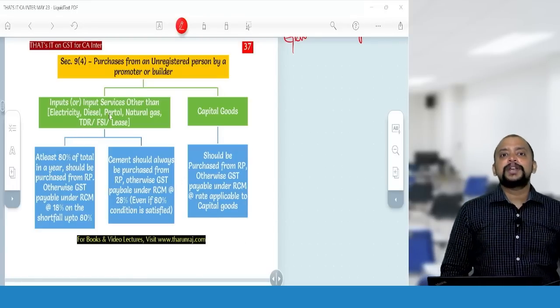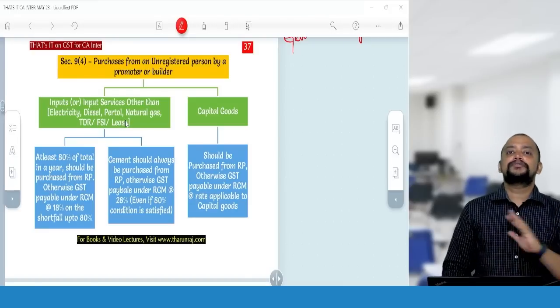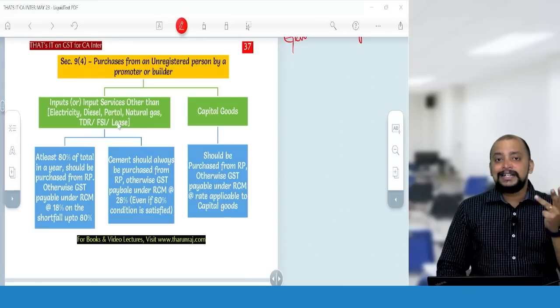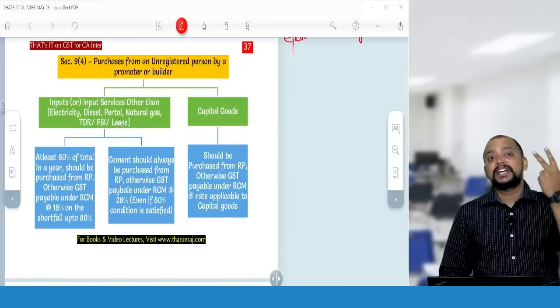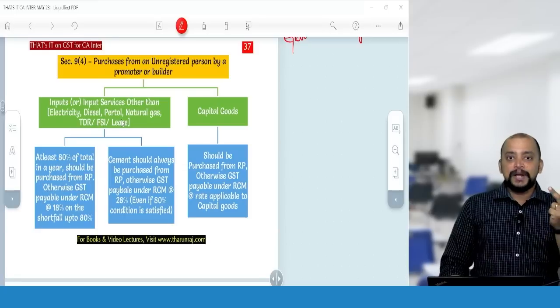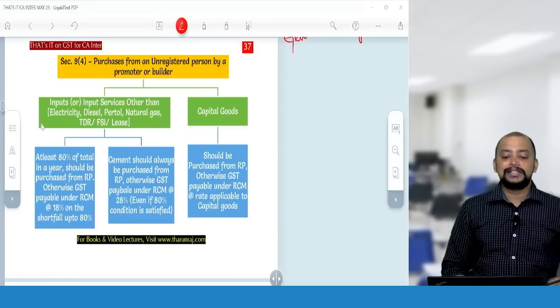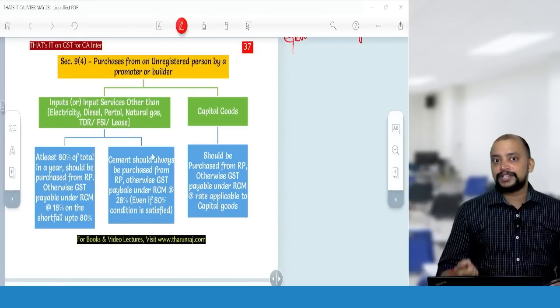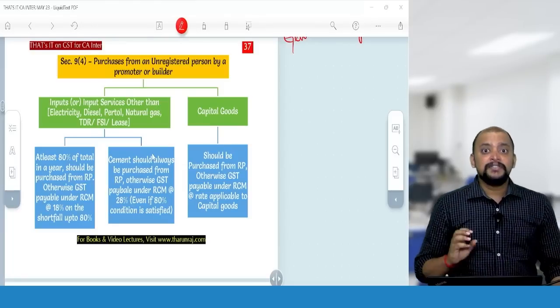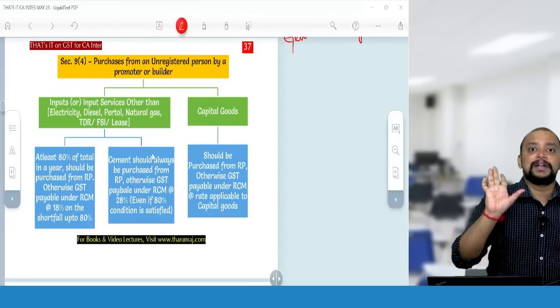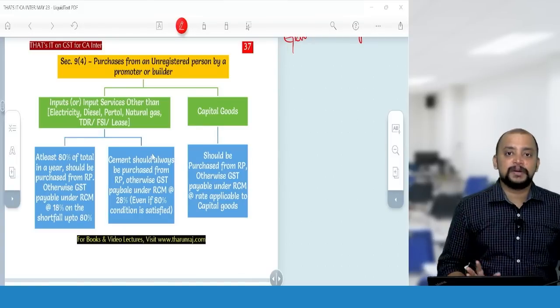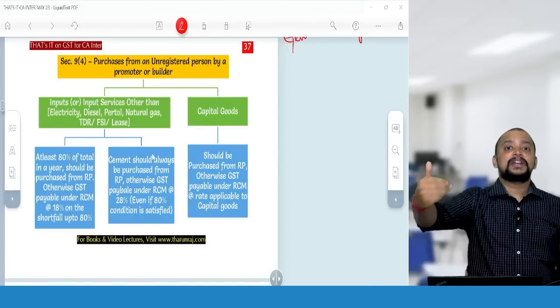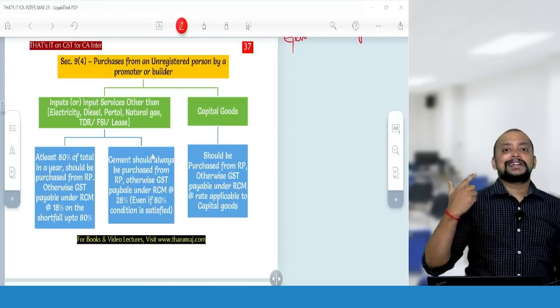Whereas for inputs or input services, we have to exclude a few things, that is electricity, TDR, FSI, long term lease, because it is already covered under 9(3). Then petrol, diesel and natural gas will be excluded. So the remaining inward supplies, inputs and input services, need not always be purchased from a registered person. Only one: cement. So cement should always be purchased from a registered person. If cement is purchased from an unregistered person, we need to pay GST at the rate of 28%.